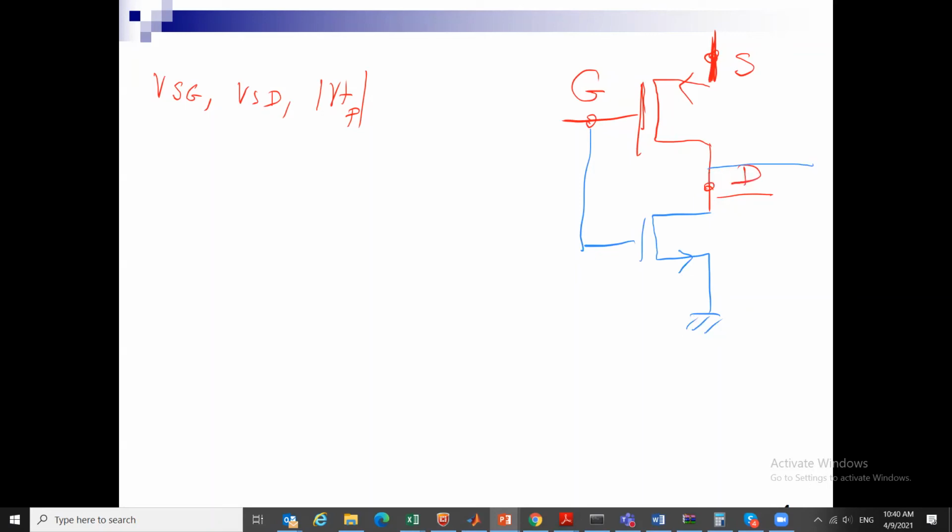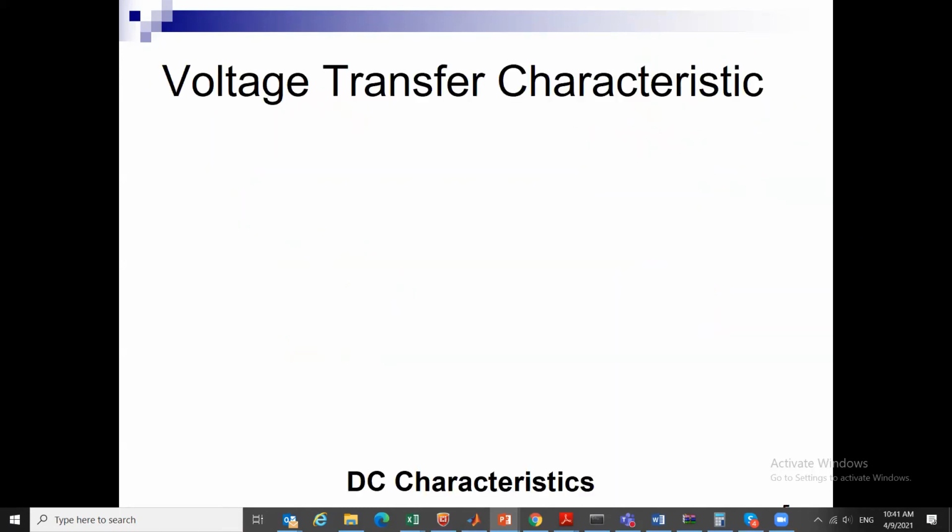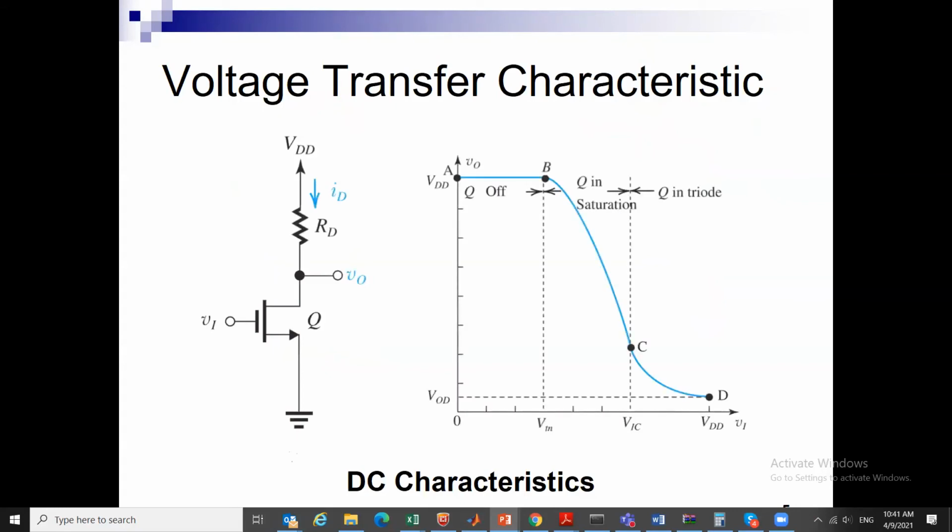I try to inspect if VSD is large, and if Vout is small compared to VDD, and if VSG is small, then I am in the saturation region. If VSD is much larger than VSG minus the magnitude of VT, then I am in sat, else I am in linear. Is this clear?